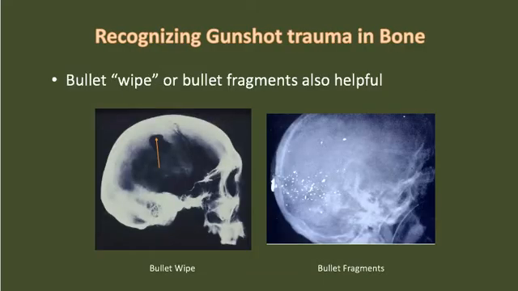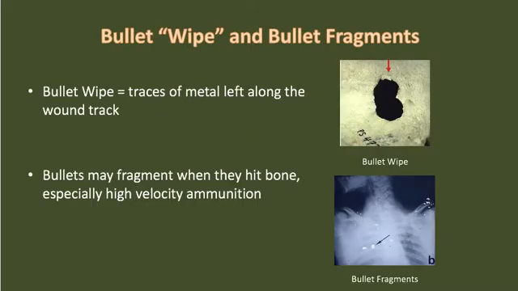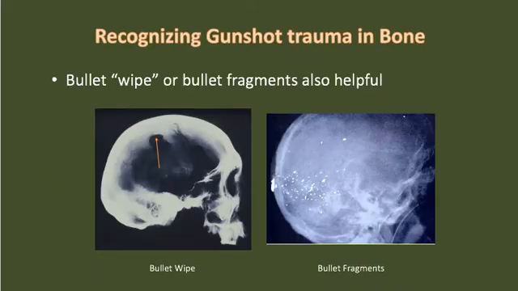You can also look for something called bullet wipe. Bullet wipe is basically when you have traces of metal left along the wound track. That's something that could be visible in an X-ray. You can kind of see it in a very small way there.